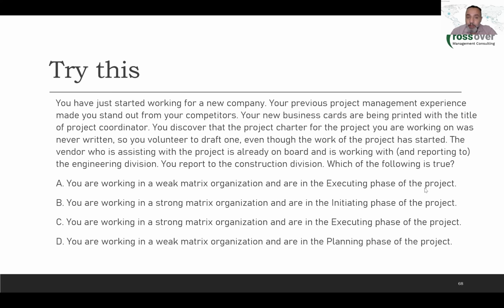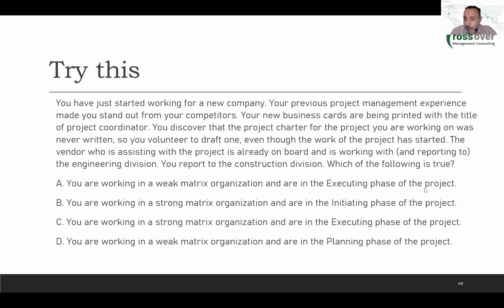You are working in a weak matrix organization and are in the execution phase of the project. You are working in a strong matrix organization and are in the initiating phase of the project. You are working in a strong matrix organization and are in the executing phase of the project. You are working in a weak matrix organization and are in the planning phase of the project. Now, your title is a project coordinator. That means that we are working in which organization?